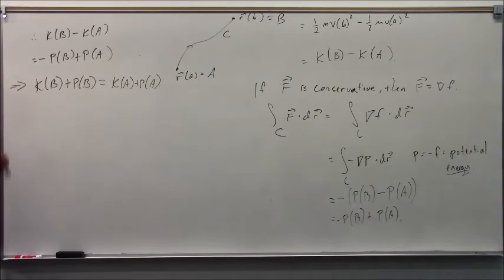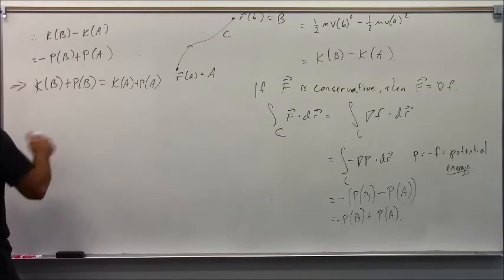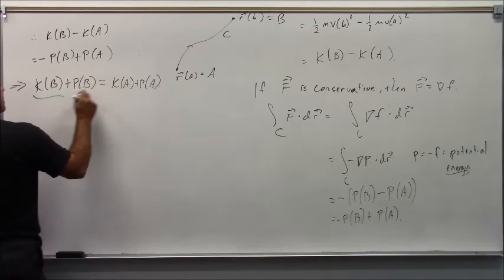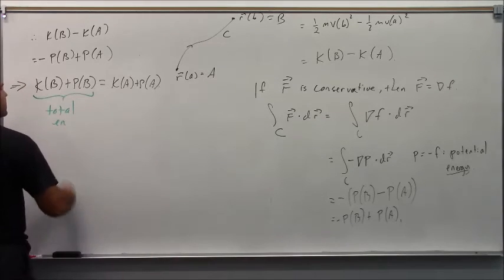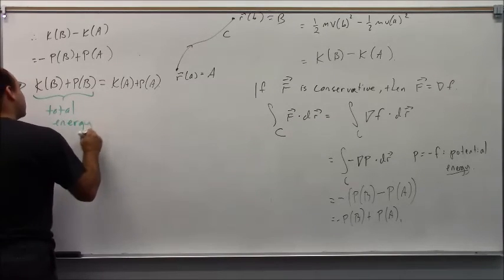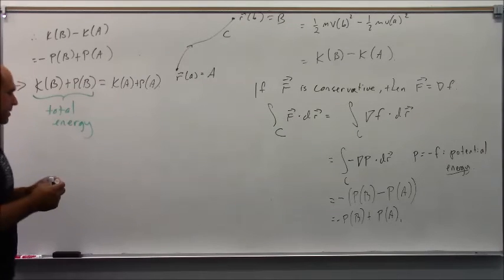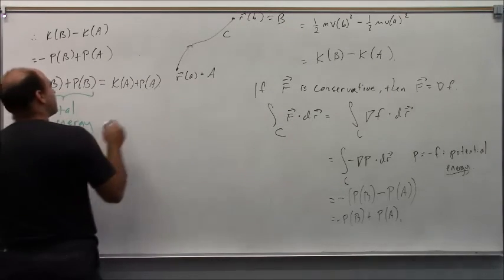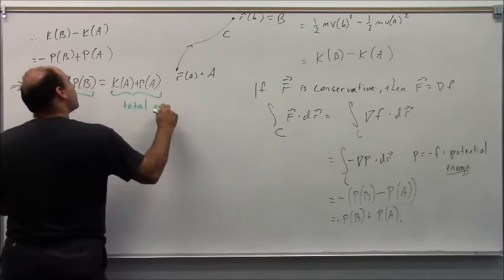And I see that energy is conserved. It's awesome. Right? This is the total energy at the end, my kinetic energy plus my potential energy. That's all I've got. It's the same at the end as it was at the beginning. Energy was conserved.